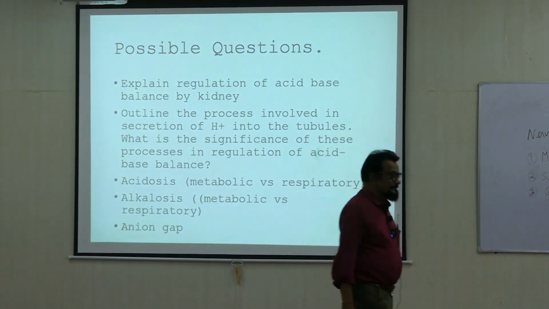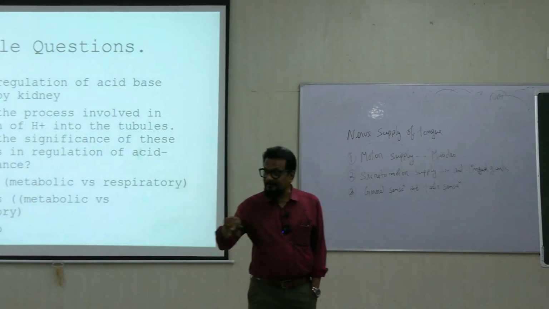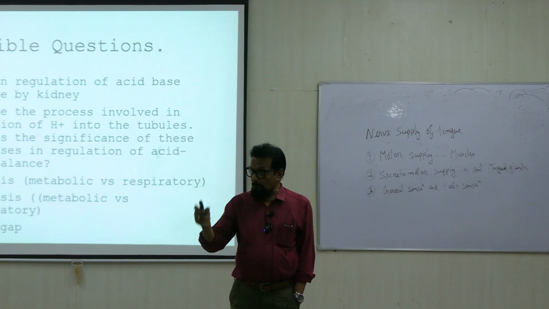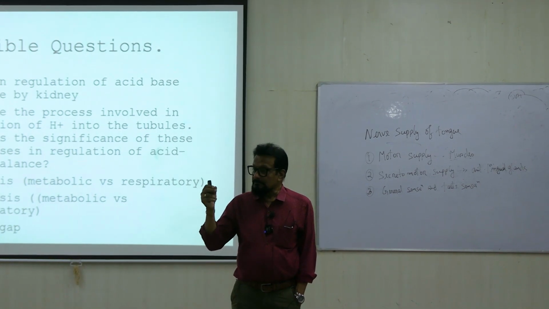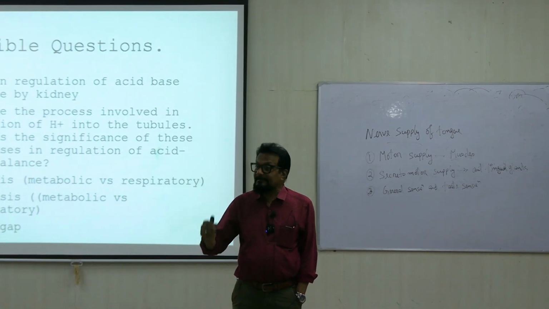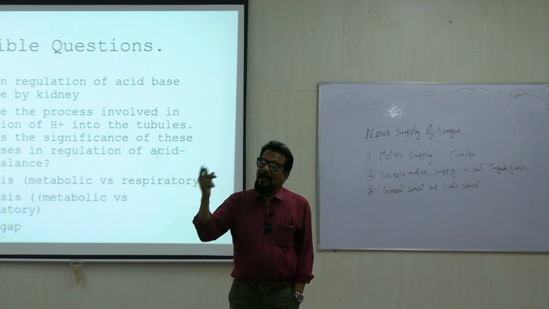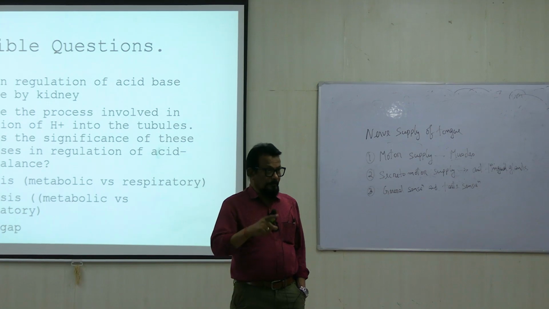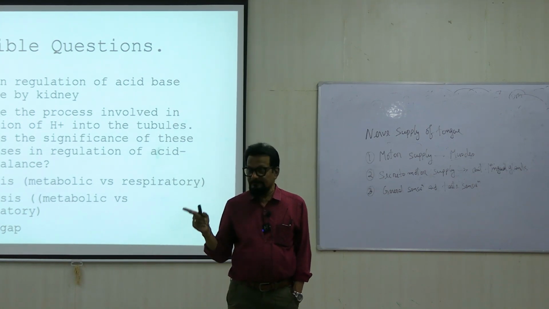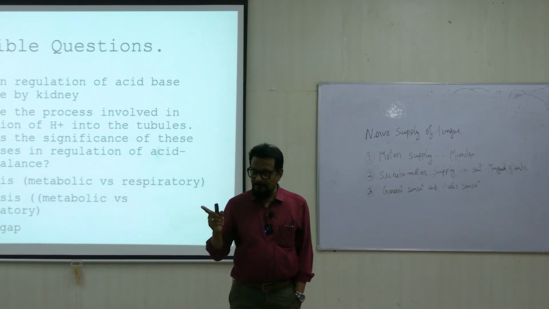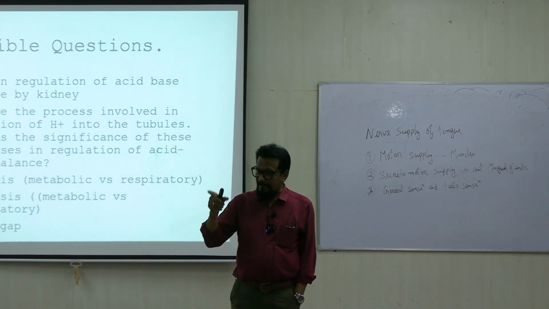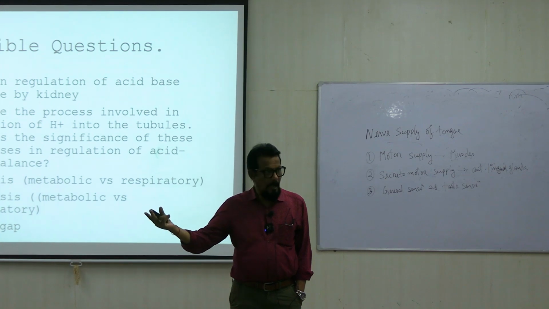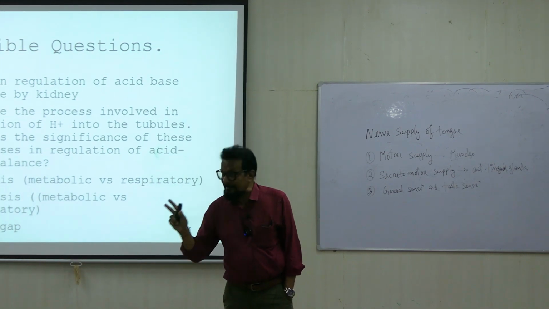So what are acids? Acids are compounds, substances that can donate hydrogen proton. That can donate proton means hydrogen ion. So they are the substances that can donate hydrogen ion or proton is called acid.